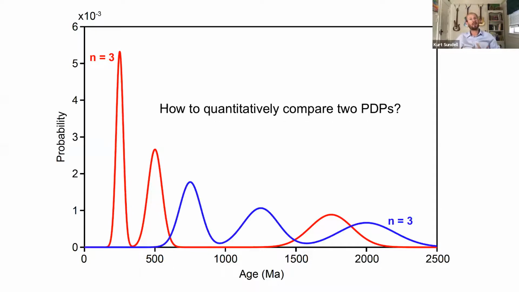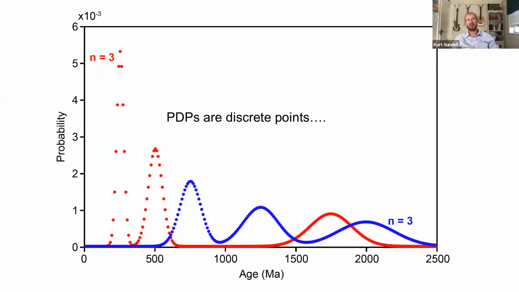So let's go and look at 2 different distributions. These are very different looking, but how different are they quantitatively? These aren't continuous functions. They look like continuous functions, but they're actually discretized functions. And by discretized, I mean this is schematic, but imagine there's a dot or a point every 1 million years.